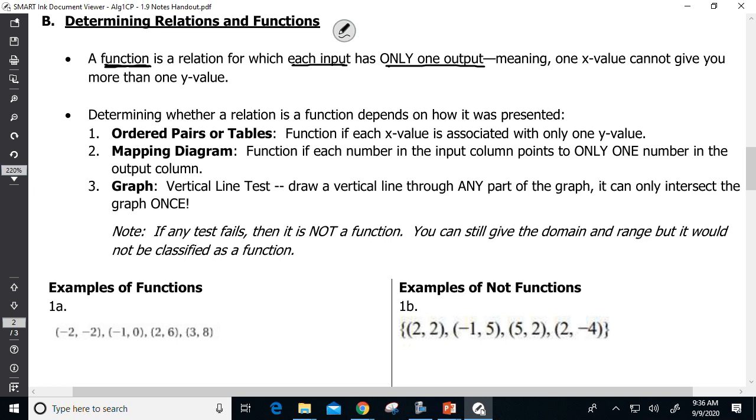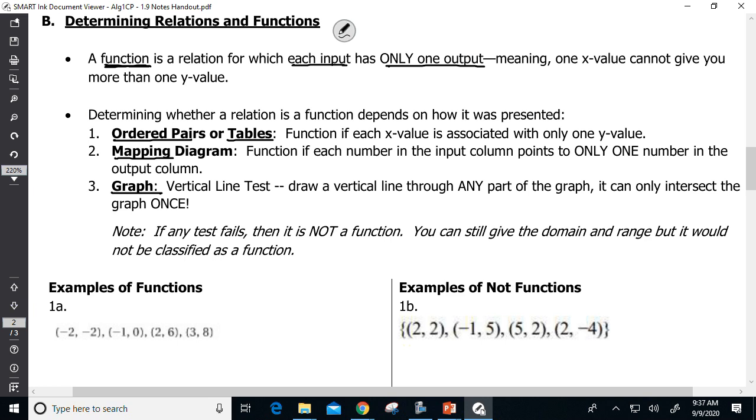Now, determining whether a relation is a function depends on how it was given to you. So, ordered pair, table, map, and graph, depending on how it's presented, will determine how you go about working it out. So let's start with ordered pair and a table.